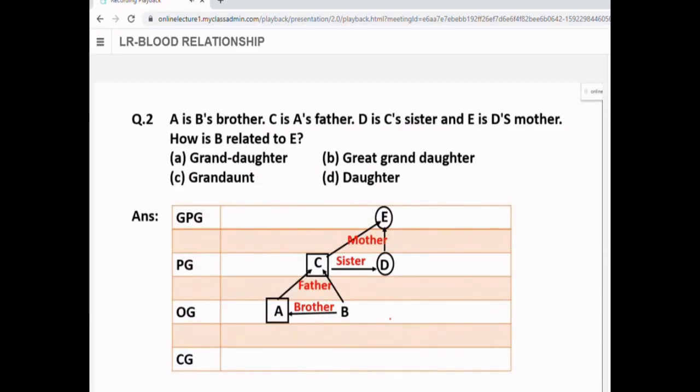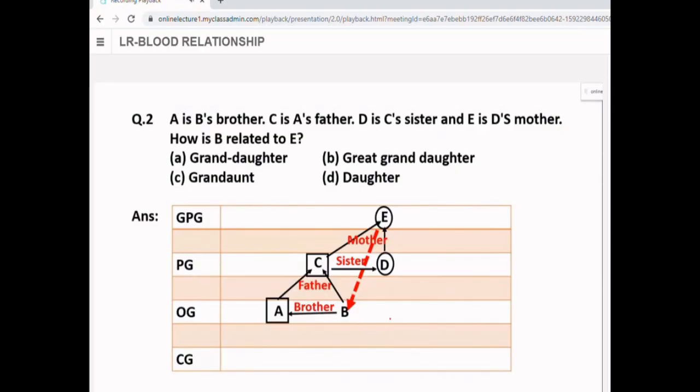Now, how is B related to E? B related to E. So the arrow points to B, from up to down. Be careful. What happens?